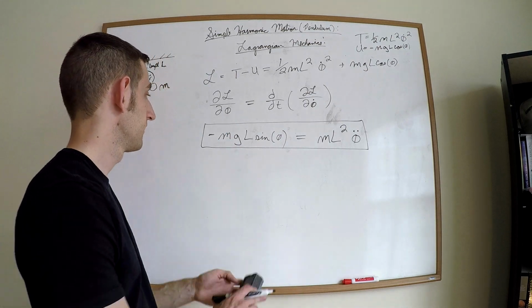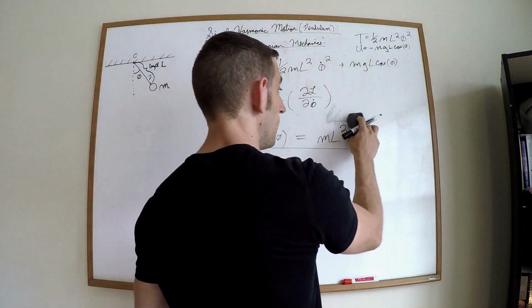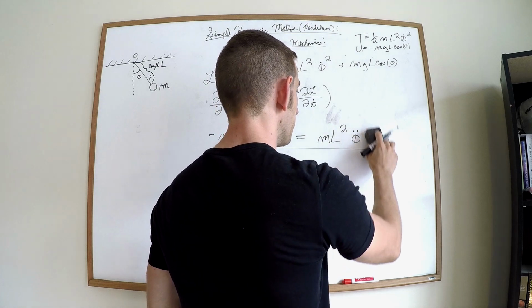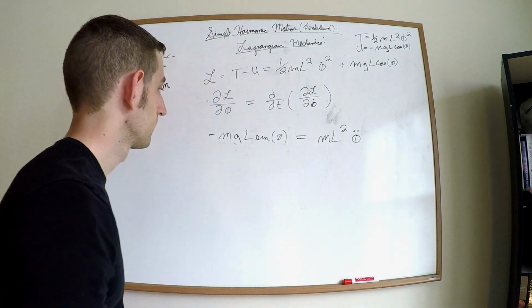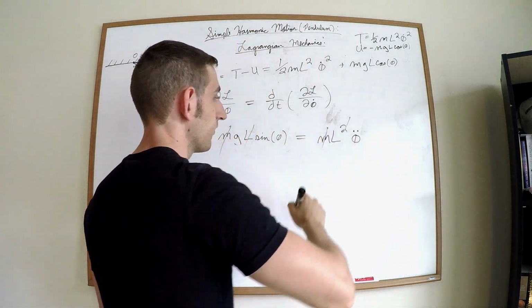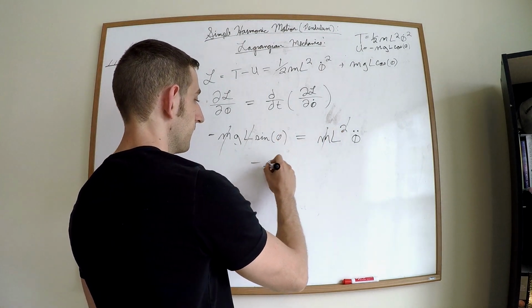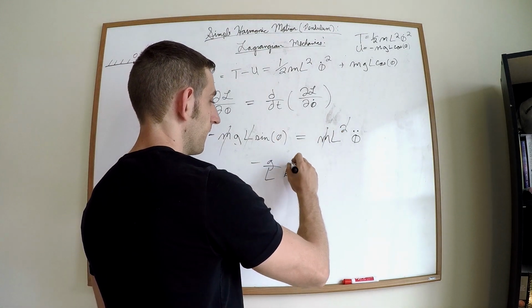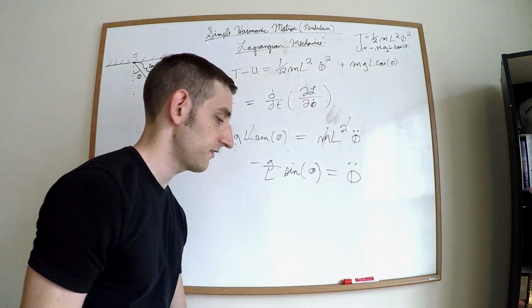And I guess I could simplify this a bit further, just so it matches up with what we saw previously. Make you guys feel comfortable. Bam. Cancel this, cancel that, cancel that, cancel that. Bring the L over here, so we get negative g over L sine theta is equal to theta double dot.